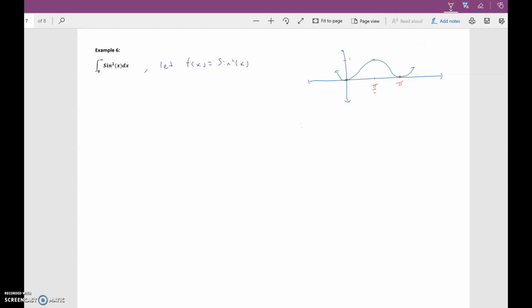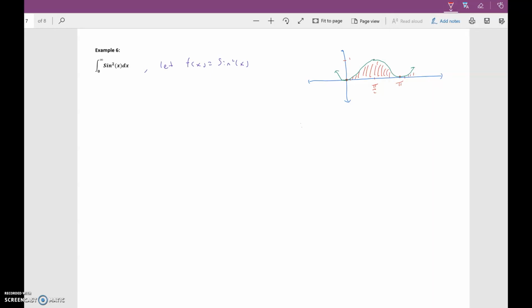Okay, so we're looking at the area from 0 to infinity, and just by looking at this sketch, this one's not going to converge because that area continues to accumulate. So let me rewrite it.